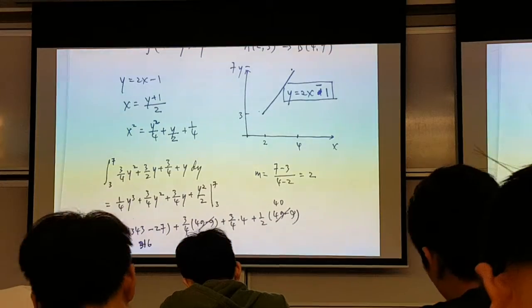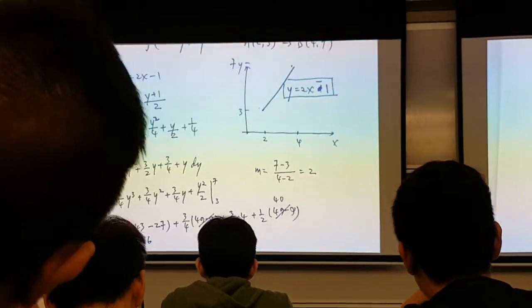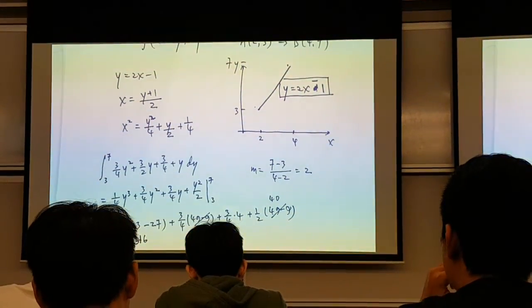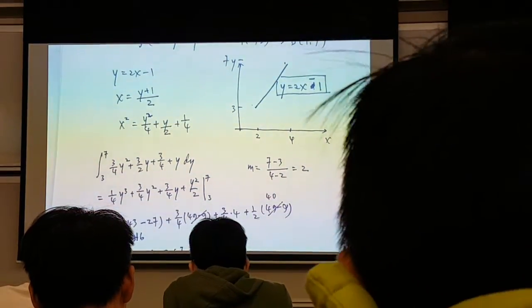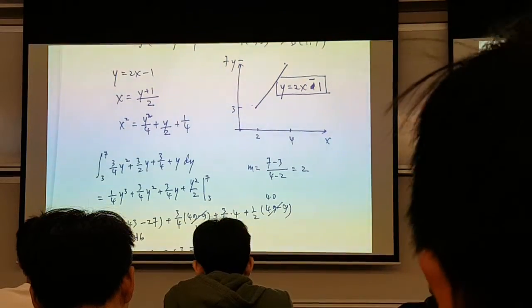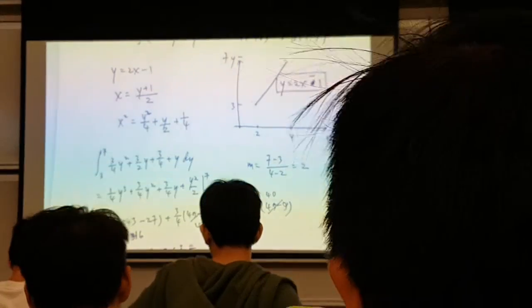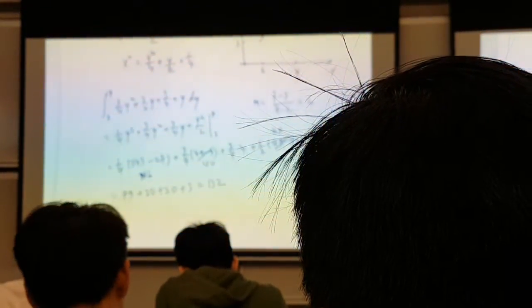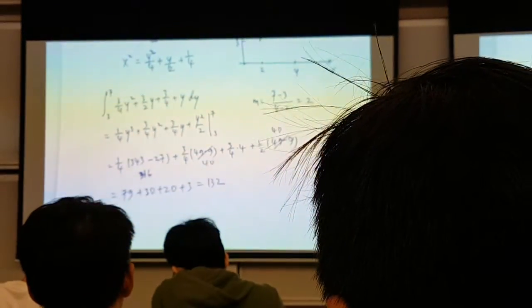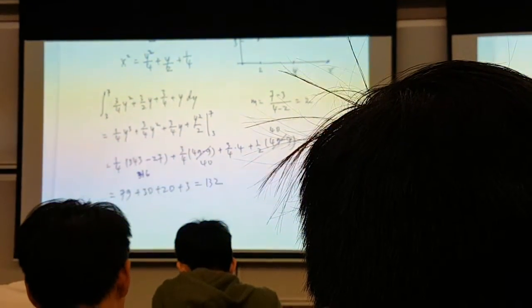And then this is 3/4 of 40, that is 30, plus 20 from here, and then plus 3. So what do we get? 79 plus 30 plus 20 plus 3 is 132. Alright, so this is how we do it by integrating with respect to y.